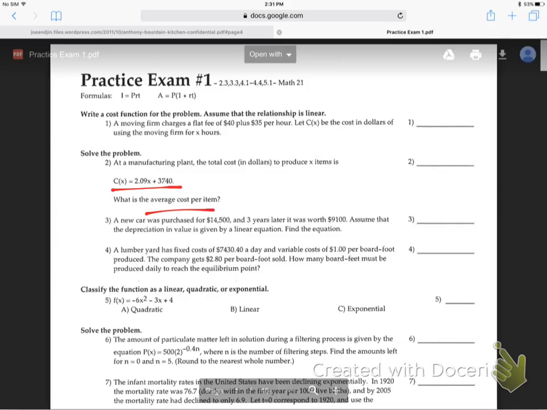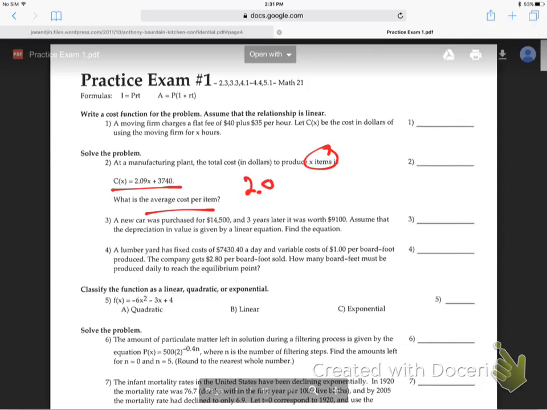How do you find the average of things, guys? Yeah, add them and divide. Average always means divide, and notice it tells you what to divide. Average cost per item always means the thing on the bottom. X is the number of items.